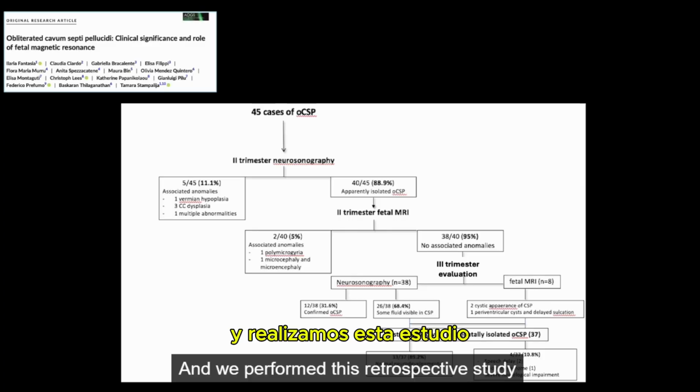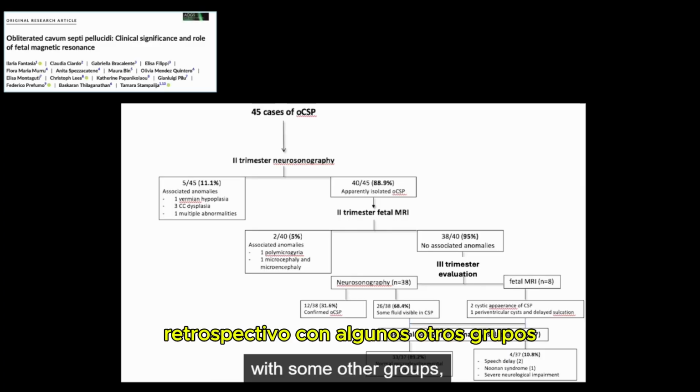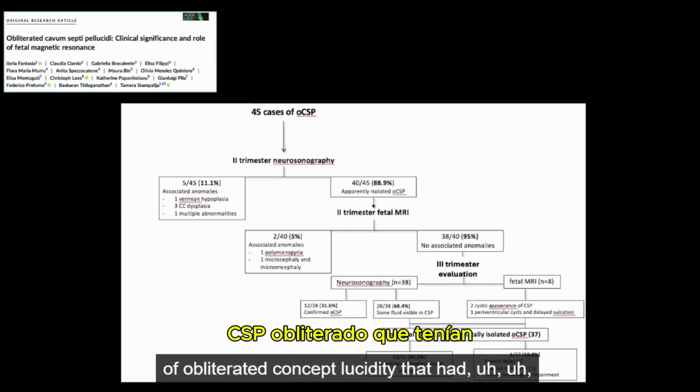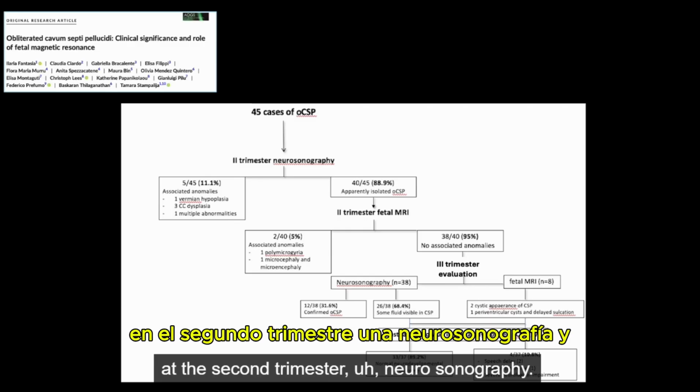and we performed this retrospective study with some other groups, and we managed to identify 45 cases of obliterated cavum septum pellucidum that had a neurosonography in the second trimester.